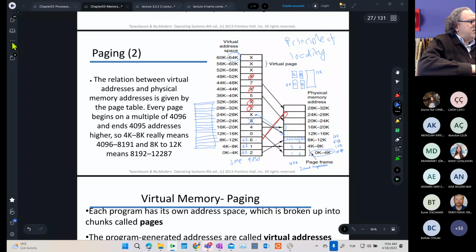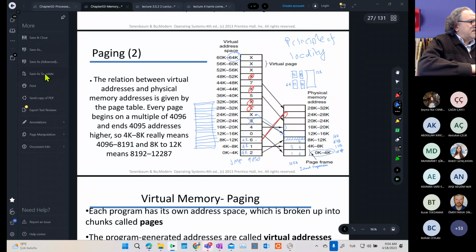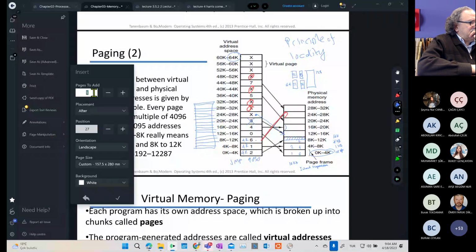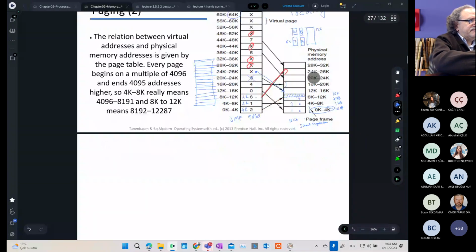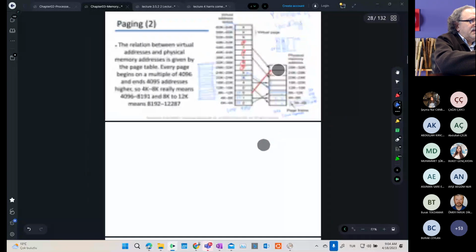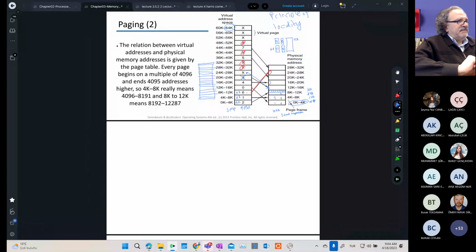Let me insert a page. Insert a page here. No, just one. Okay. Let me keep both of them on the same page. Okay. So we are doing the same thing.